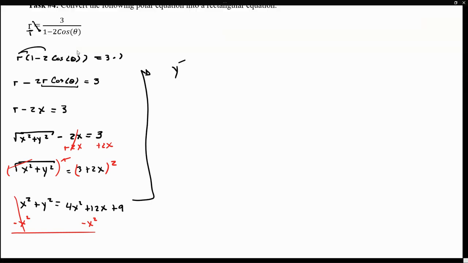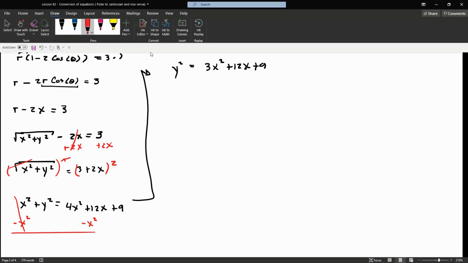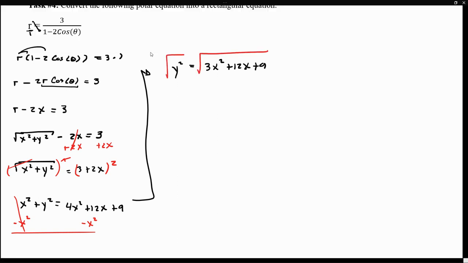So now I have that y squared equals, well, if I combine like terms, notice that here we're just going to have 3x squared. And if we want to solve for y, we need to take the square root. So now, therefore, I have my equation: y equals plus or minus the square root of 3x squared plus 12x plus 9.